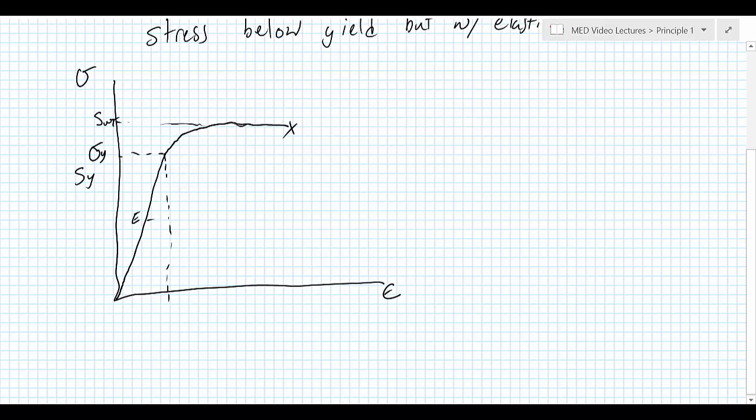This will be the ultimate strength in tension, S_UT. The Hooke's law region, that is this area right here, is considered the elastic region. Everything below the yield point is elastic deformation. If you cause any sort of deformation, it will go back to its original shape. After the yield strength, we have plastic deformation. This should all be reviewed from mechanics and materials.